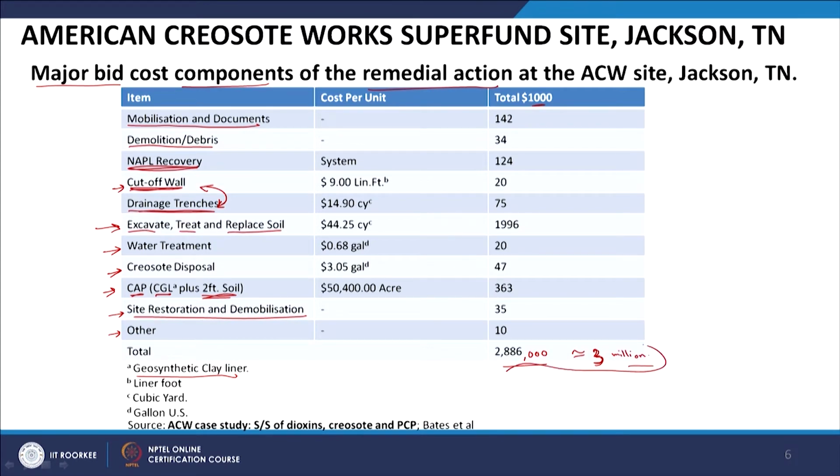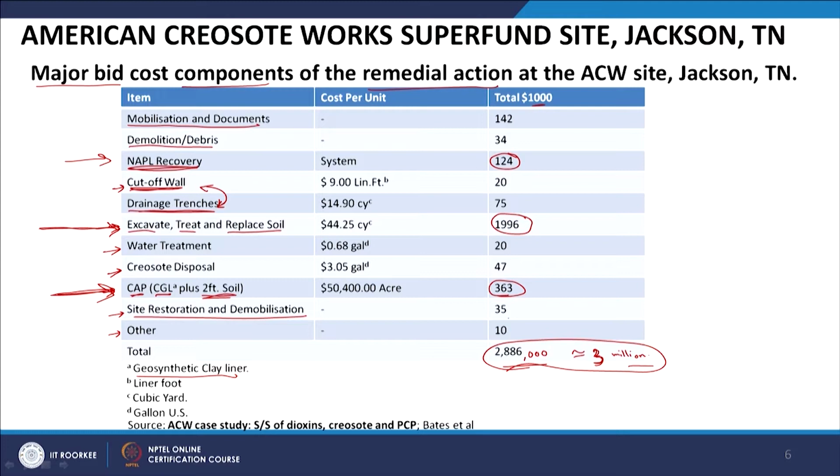Let us look at the major components in here. As you would expect, excavation, treatment and replacing the soil is a major component, almost two-thirds of the cost, almost 2 million out of the 3 million. Other major aspects are the cap and NAPL recovery.